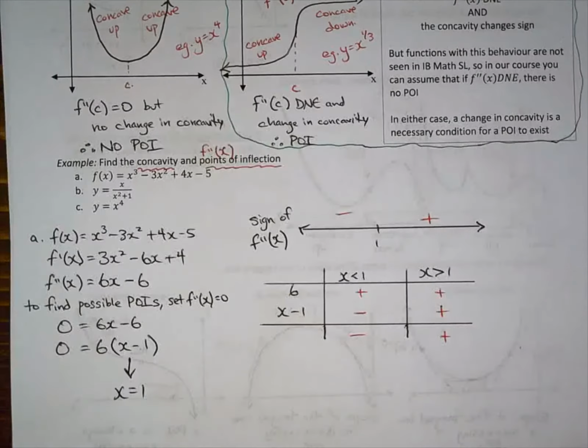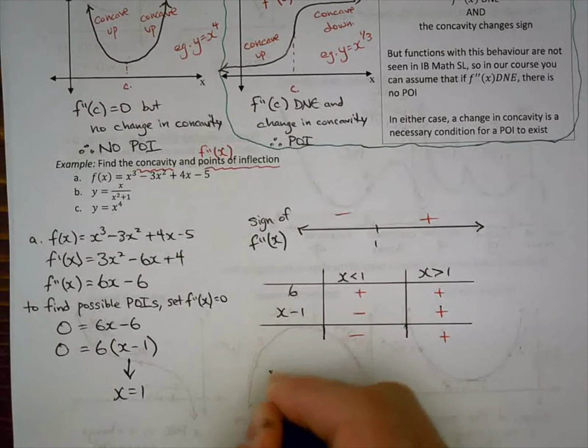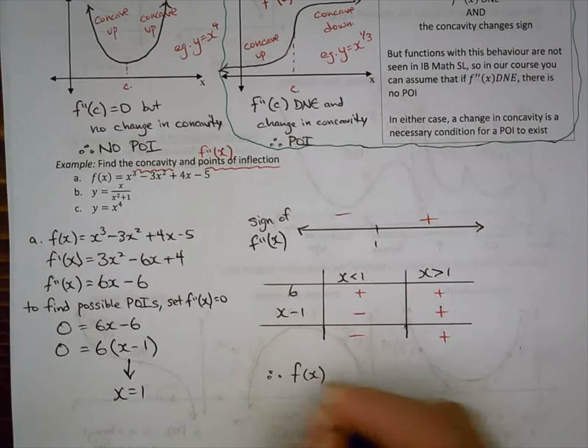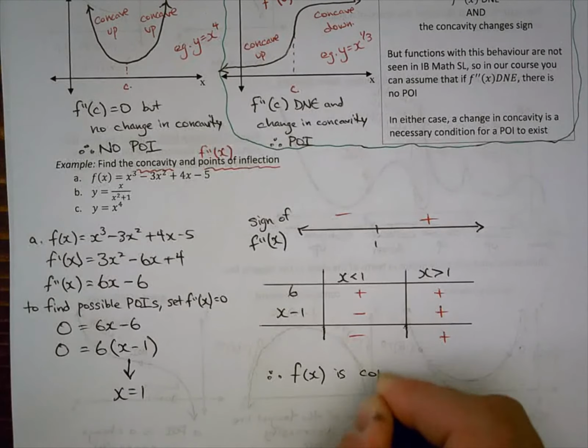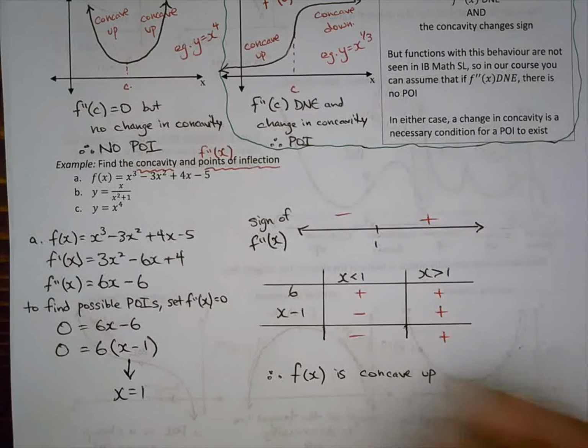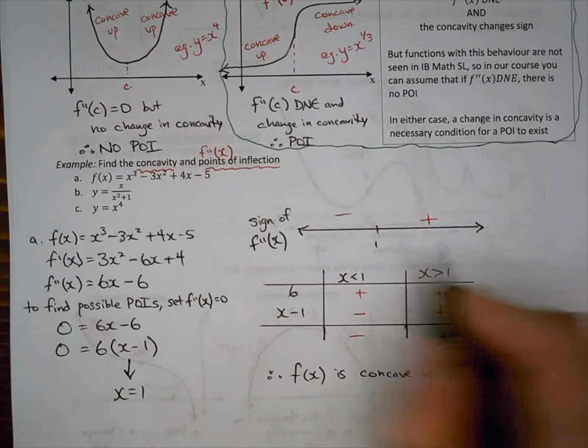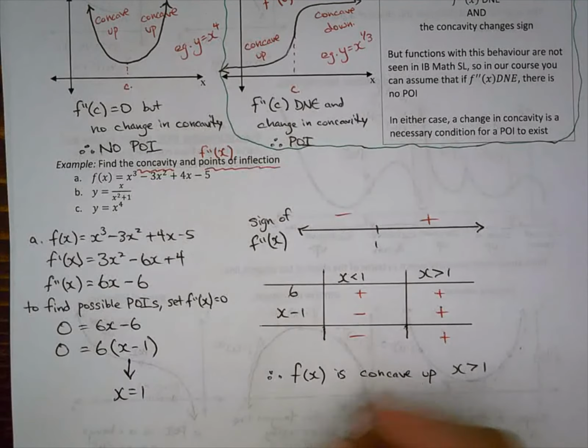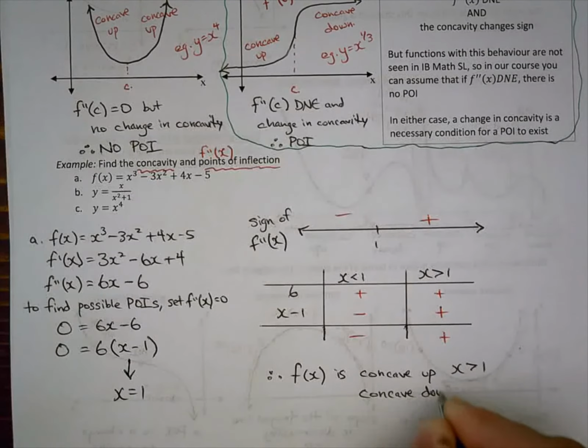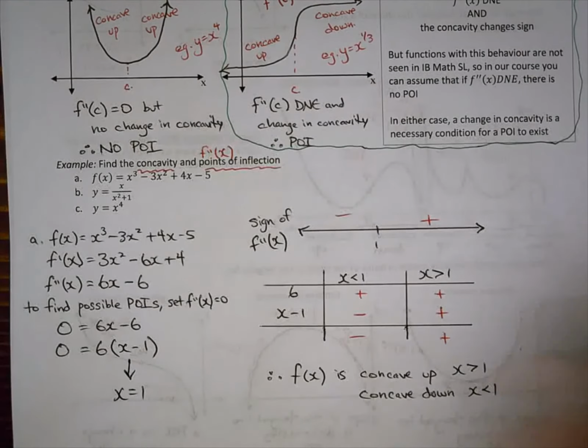Now I can figure out a lot of things from my sign diagram. Therefore, f at x is concave up if x is greater than 1, right? Because here the second derivative is positive. And it's concave down for x less than 1, right, in this region here.